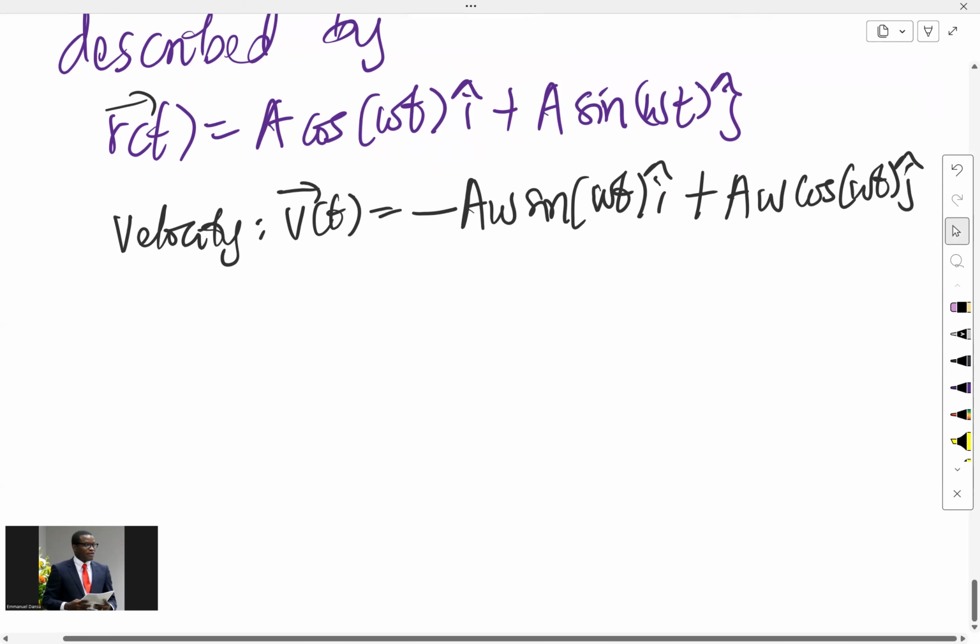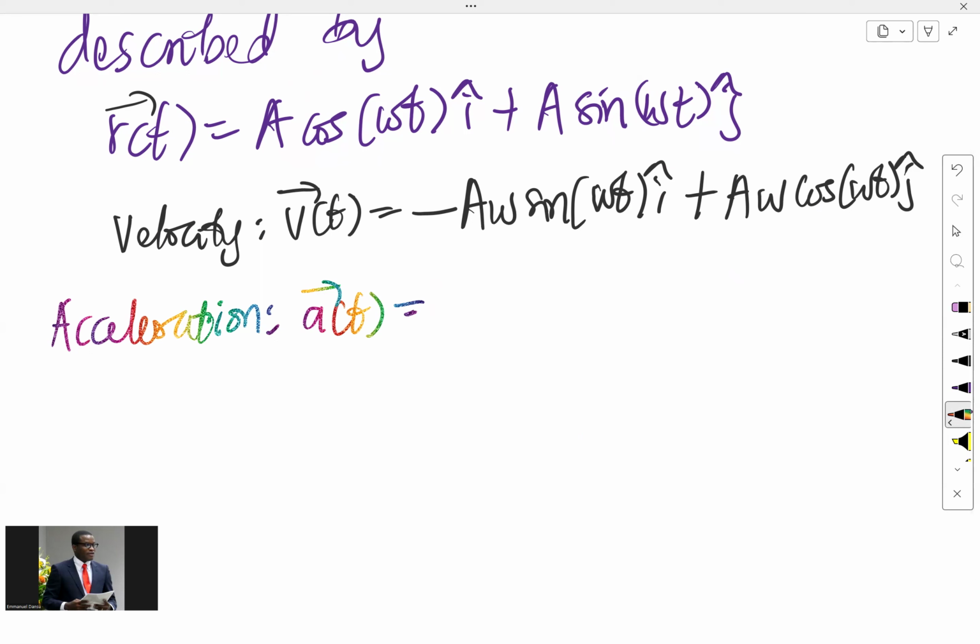Now let's talk about the next thing, which is the acceleration. The acceleration is differentiating velocity with respect to time. So again, differentiate omega t, the omega comes out, and differentiate sine, you get cos.